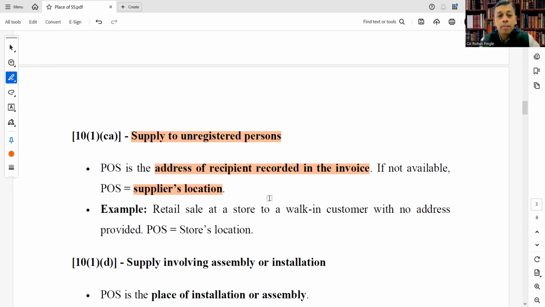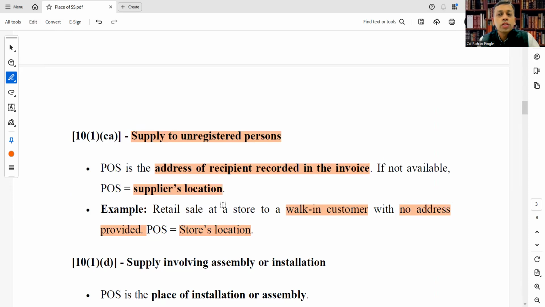Let's see an example. Retail sale at a store to a walk-in customer with no address provided. In that case, place of supply will be the store's location. Understood? When you went into the retail shop, you purchased some clothes, and you have not provided your address to the seller.